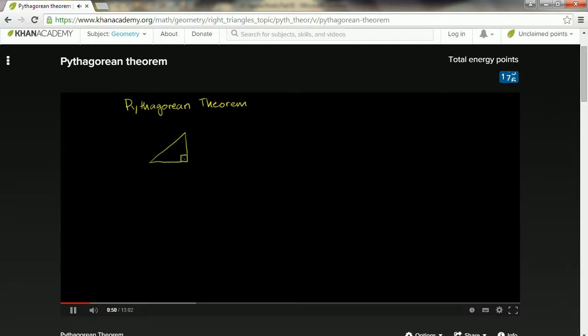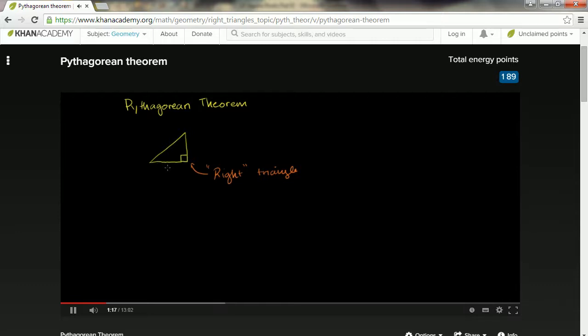And the Pythagorean theorem tells us that if we're dealing with a right triangle, not a wrong triangle, which is a triangle that has a right angle or a 90-degree angle in it, then the relationship between their sides is this.